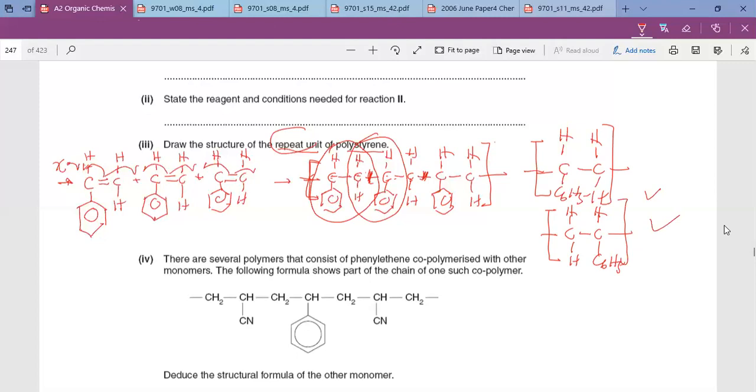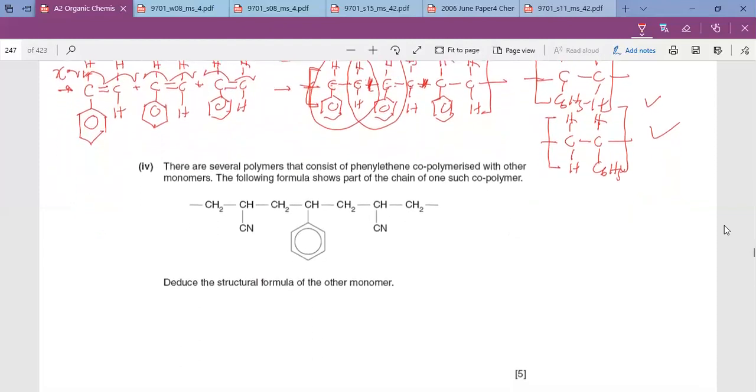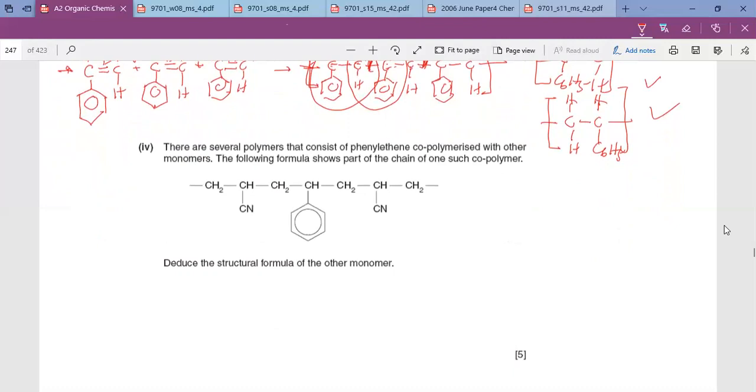Now, look at the next one here. This is a bit different. There are several polymers that consist of phenylethene co-polymer, or hetero. Like co-education, co-polymer means 2 monomers with the other monomers. The following formula shows part of the chain of the co-polymer.